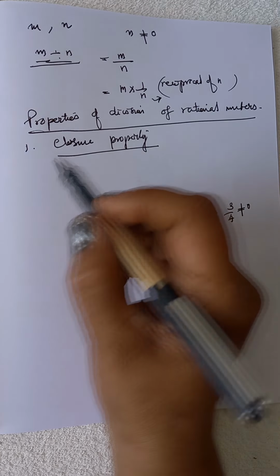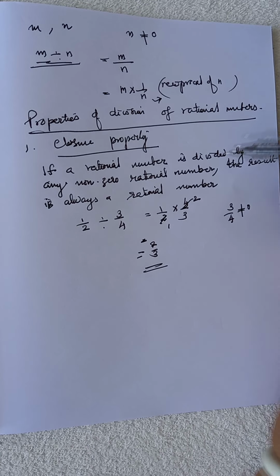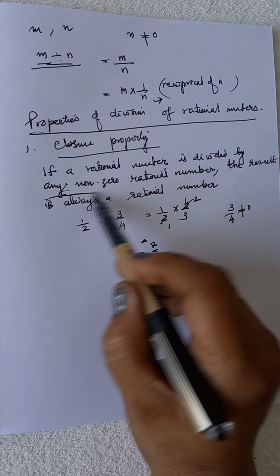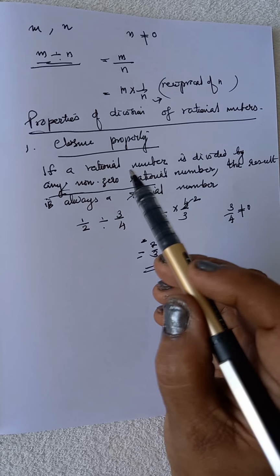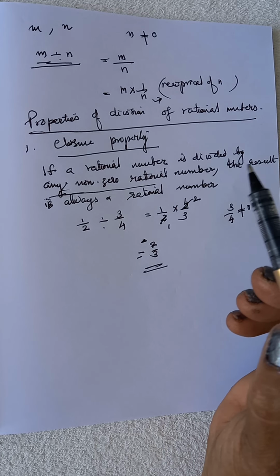If you take M and N as two rational numbers, then N is not equal to 0, that condition. So here we can say that if a rational number is divided by a non-zero rational number, the result is always a rational number. If this condition is violated, if it is 0, the rational number division itself becomes not defined.